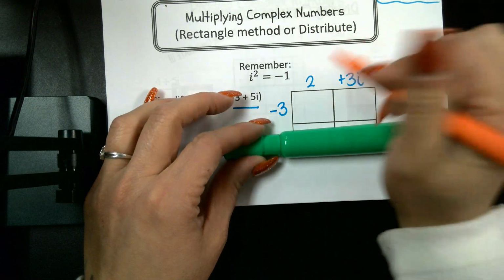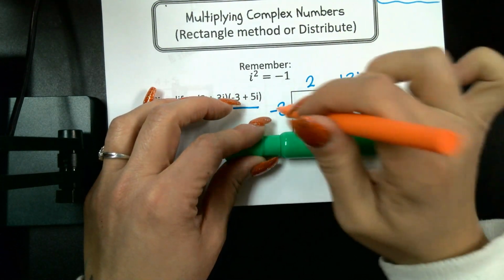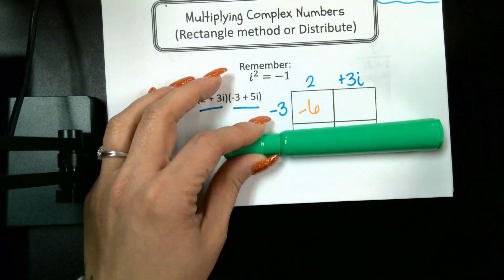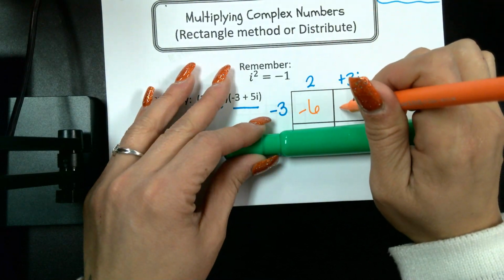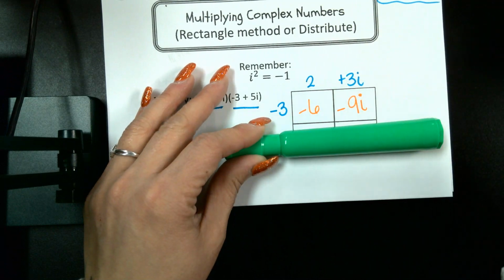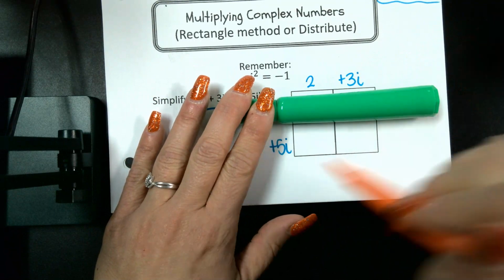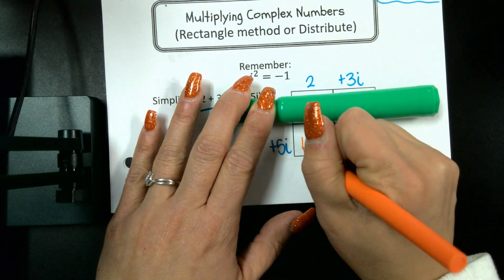Negative 6. Okay, negative 3 times 3i is no different than doing negative 3 times 3x. It's just a different letter. So negative 3 times 3i, negative 9i. Okay, so top row is done. Bottom row, you have 5i times 2, positive 10i.